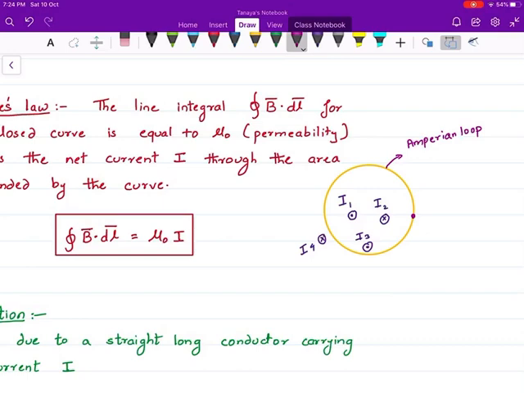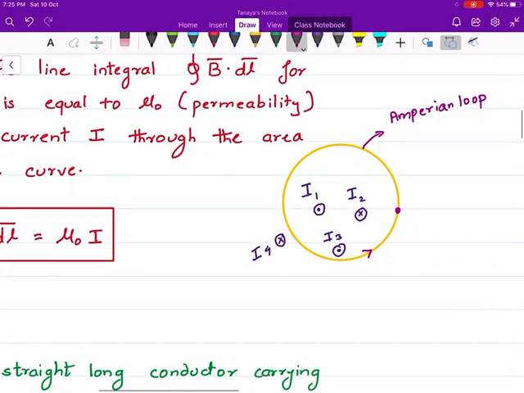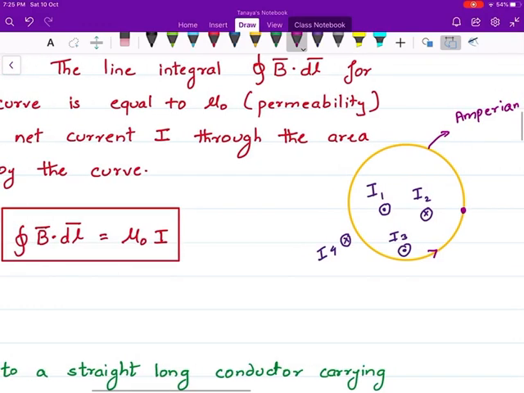Now I am going to decide a direction in which I will traverse this Amperian loop. Suppose I decide to traverse it in the anti-clockwise direction. Now we have to find the integral of B dot dl.